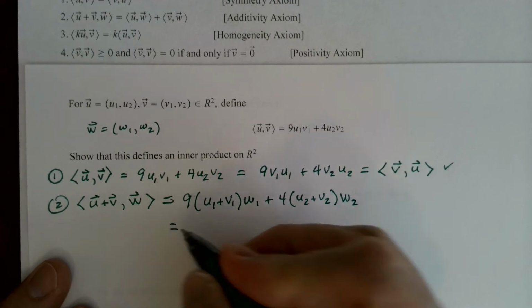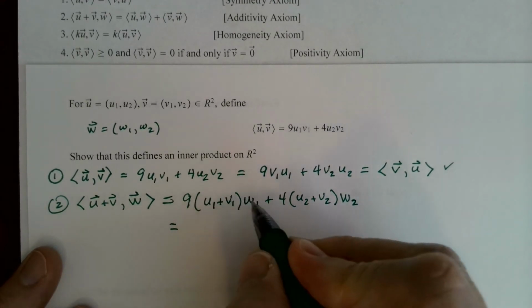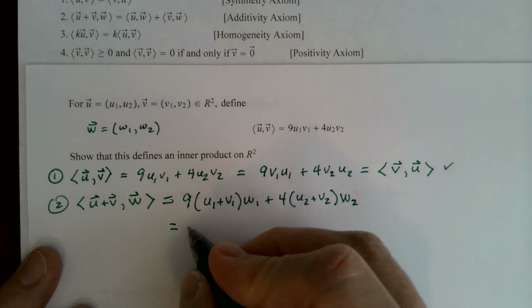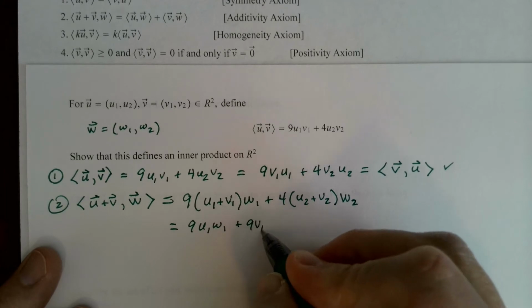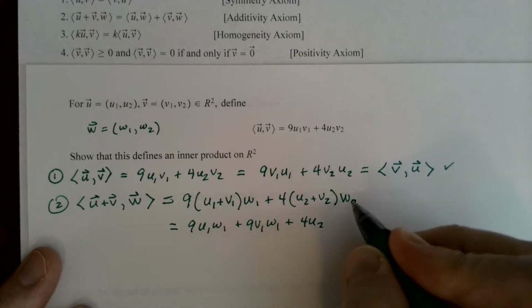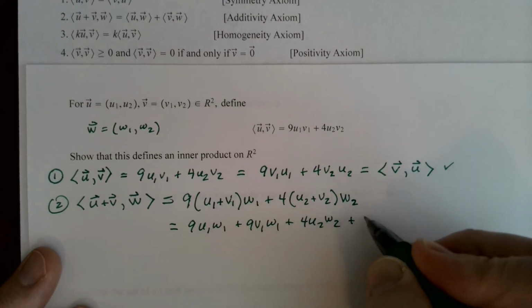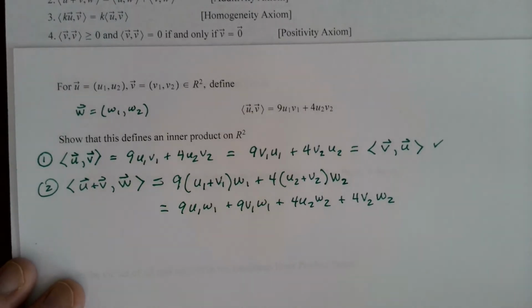First of all, notice I have a distributive property. I'm going to distribute the 9 through, and I'm going to distribute the w through. So this will be 9u1w1 plus 9v1w1. Distributing the 4 through here, 4u2w2 plus 4v2w2. So just distributive property, these are all real numbers.